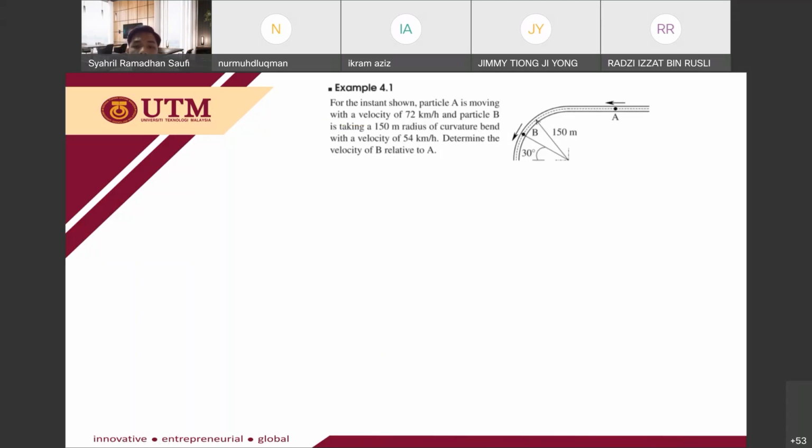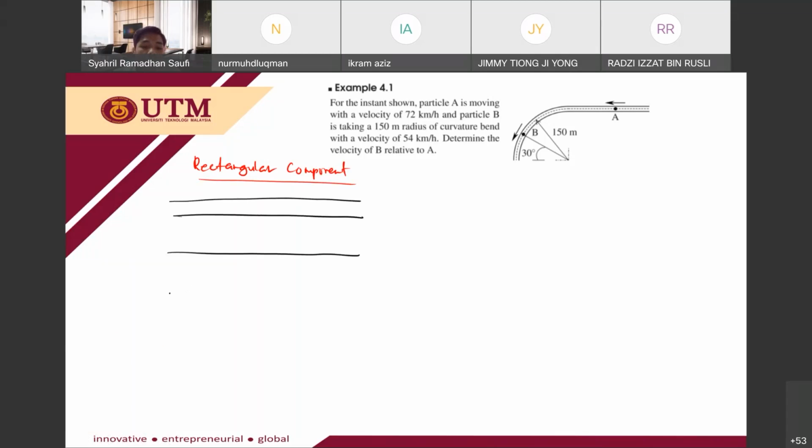All right, so this one is the same thing. For this example, I want to show you the rectangular component method, the same example but with another method. First you need to draw a table to put all the information that you have from the question.